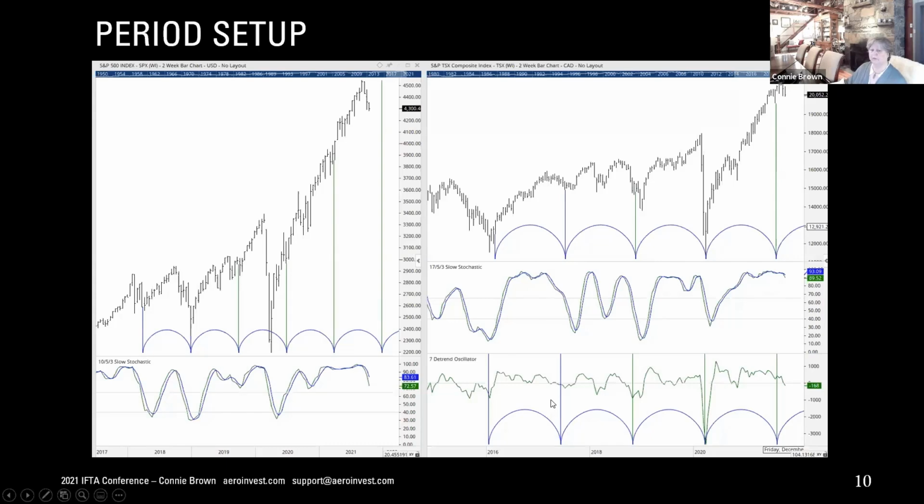Here's the D-trend oscillator, and it's going to be in most of my charts, so I'll explain what that is as we work through it. But D-trend is simply the separation, or the spread, between two moving averages. In this case, you always have a 1 period, which means I'm going to be connecting all the closing prices.